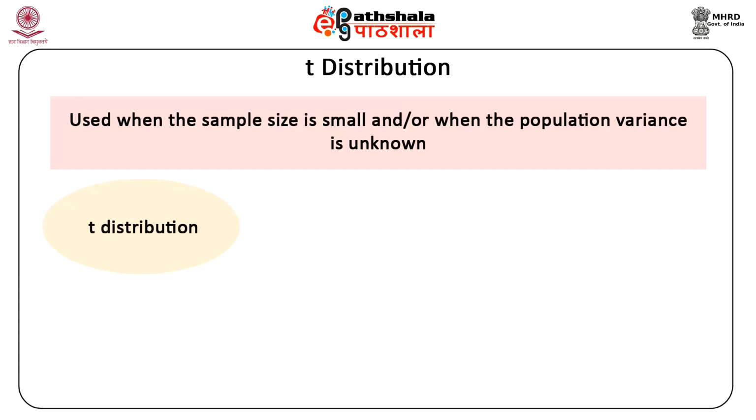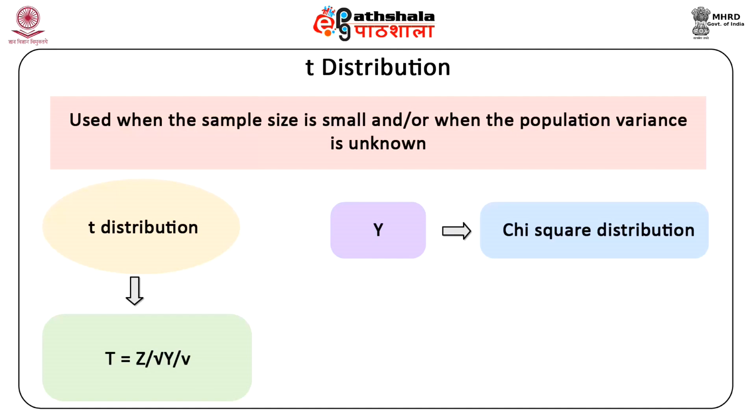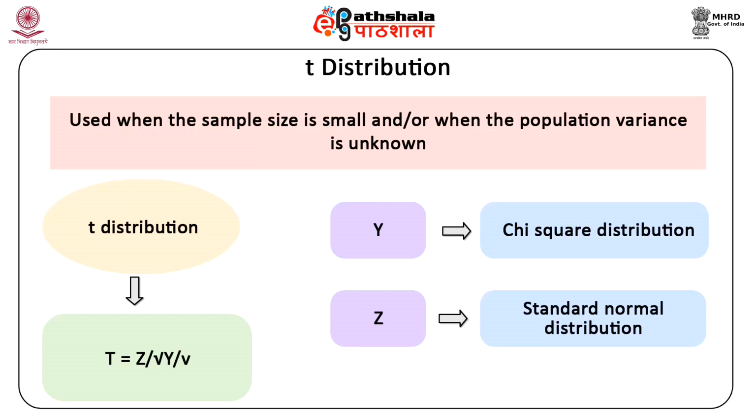The distribution of t equal to z divided by under root y by nu, where y and z are independent random variables, y has a chi-square distribution with nu degrees of freedom and z has a standard normal distribution, is called the t distribution with nu degrees of freedom.